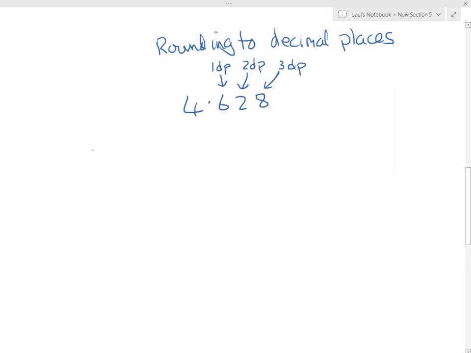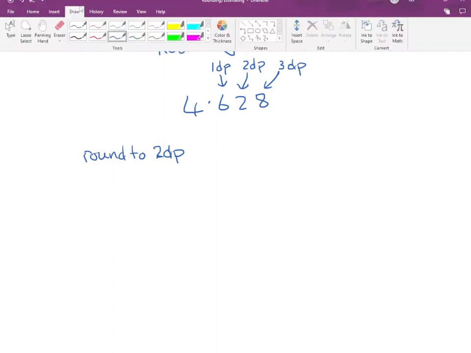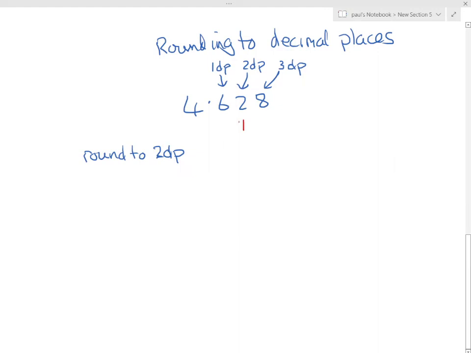So if we imagine we want to round this number to 2 decimal places, and it's often tacked on to the end of a question, it means we don't want to see any more decimal places in our answer than 2. So we look along this number and we find our second decimal place, which is there. Then you go to the right, and this number determines whether you're going to go up or go down.